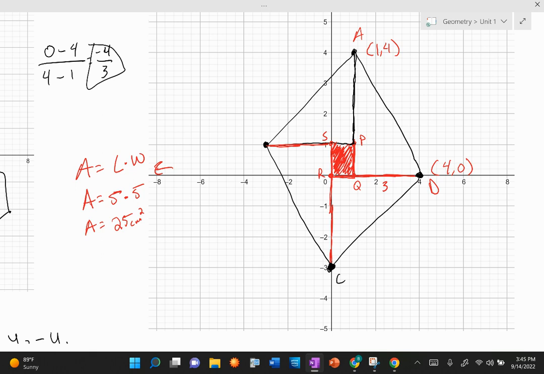So if we go from the length, this long side right here, what is that length going to be? It's got to be 4. Yes, it is 4, because we're going from the 0 of D to the 4 of A.